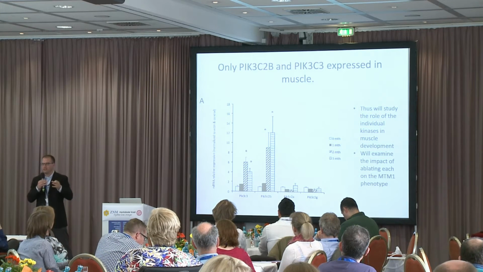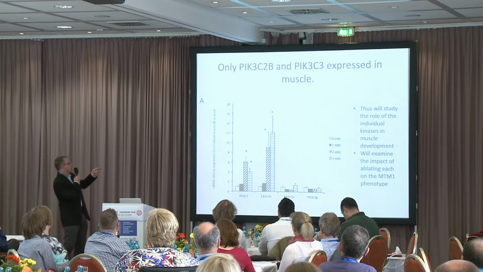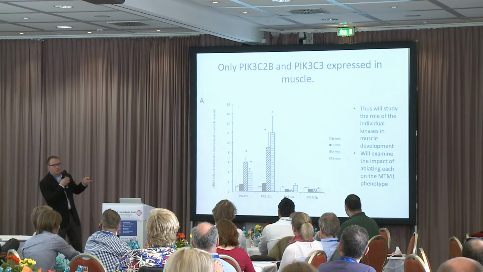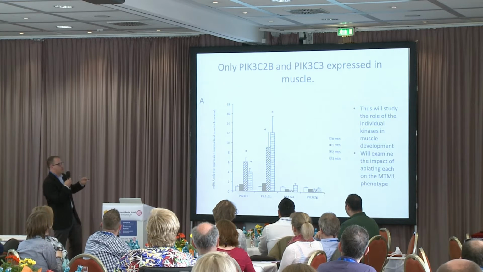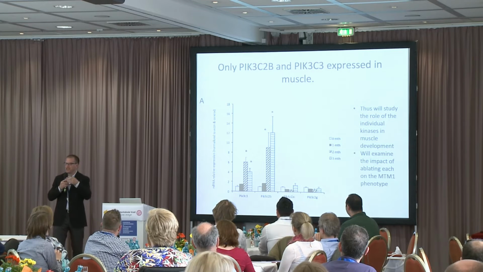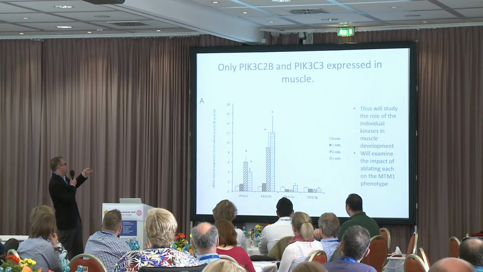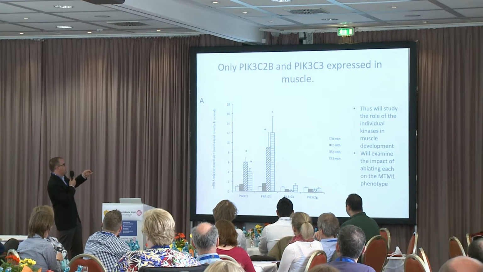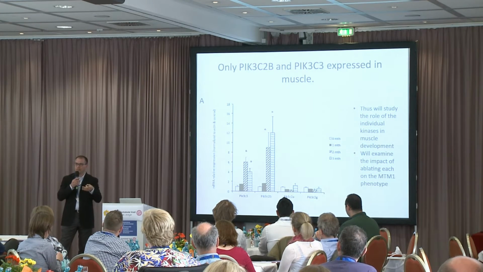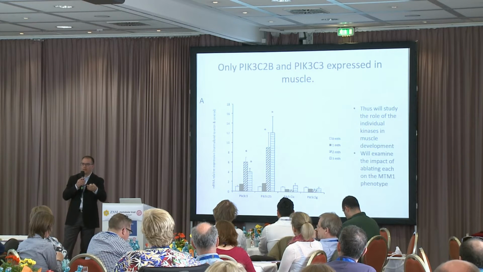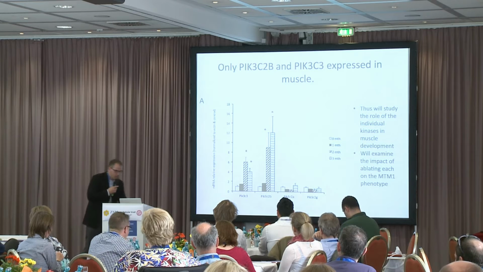I wish they had easier to remember names like Tom and Joe or something, but unfortunately the names are PIK3C2B and PIK3C3, so kind of a mouthful, but unfortunately we're going to have to work with that, and you're just going to have to remember these little abbreviations throughout the talk. So we're going to be focusing on this one, but both of these enzymes can make the PI3P that MTM1, the myotubularin, then decomposes or breaks down.